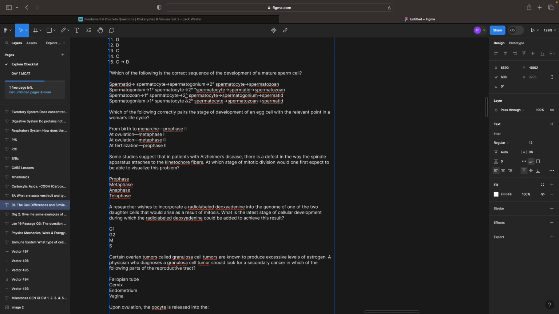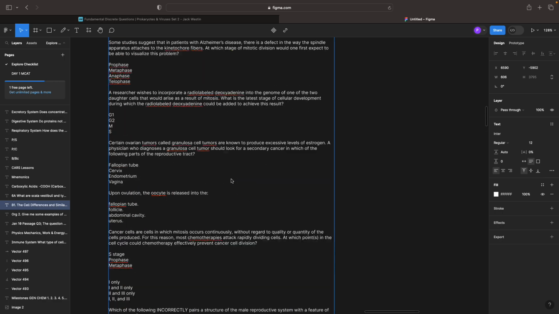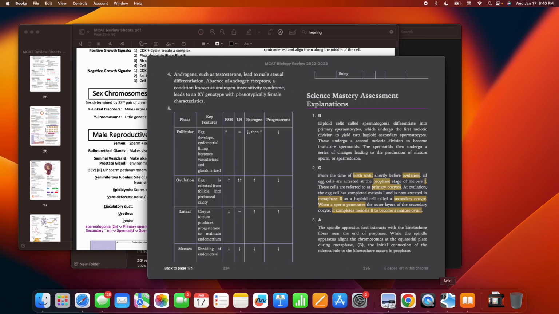I got the question wrong, but the correct sequence is first the spermatogonium turning into a primary spermatocyte, and then the secondary one. So I believe until the secondary spermatocyte, it is diploid, and then it turns into haploid.